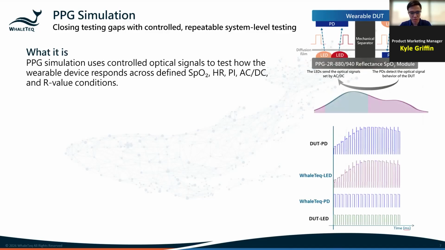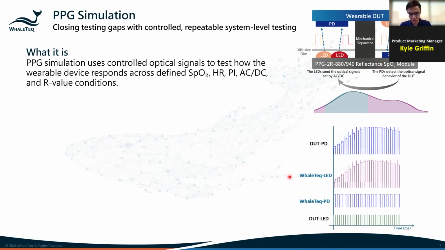So just diving in a little bit more, down here is an example of your DUT, and it will be sending out a light pulse pattern. Here is our simulator's PD, and it will be receiving that pattern and, in sync, sending out a PPG simulated reflected waveform, right?